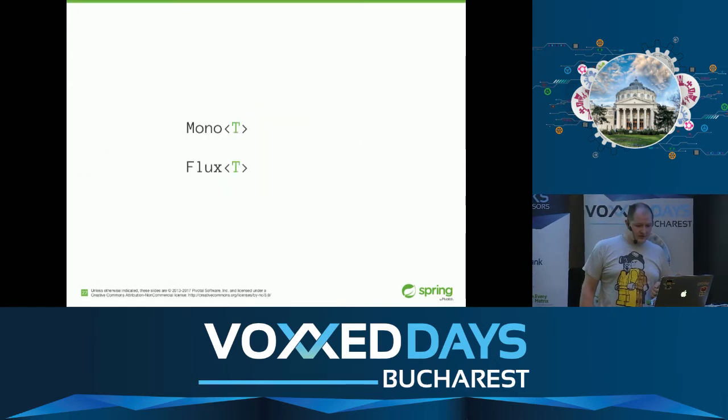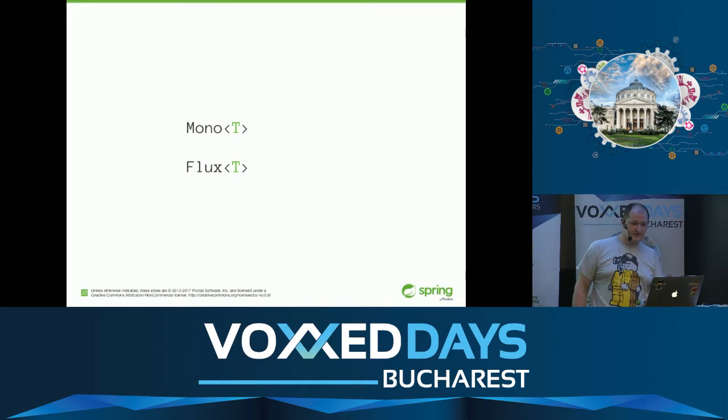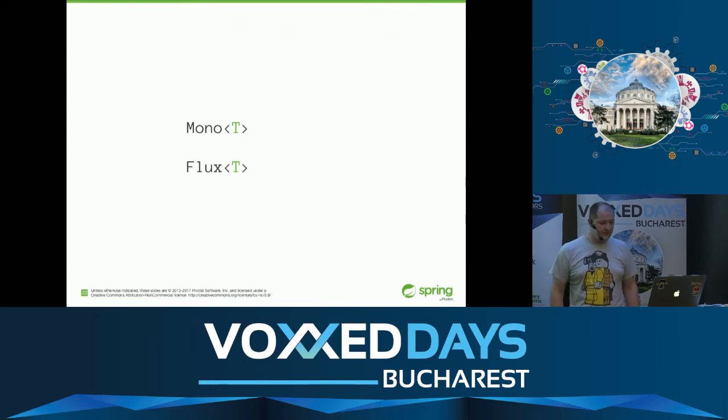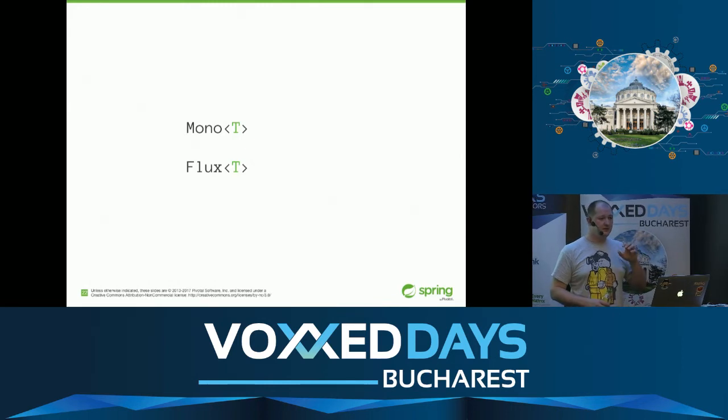So, Project Reactor comes with two types, and these two types do not sound like publisher. They are Mono and Flux. But the good thing about these types is both implement the Publisher API, that's an interface, and the reason why Project Reactor does this is to express in the type the multiplicity of data you can expect out of that thing.